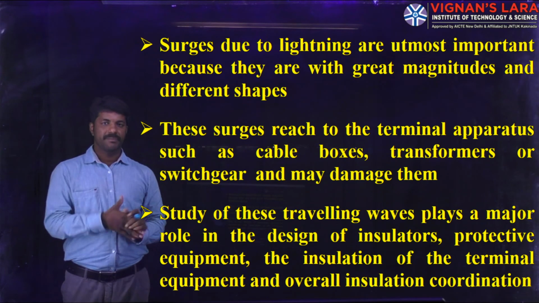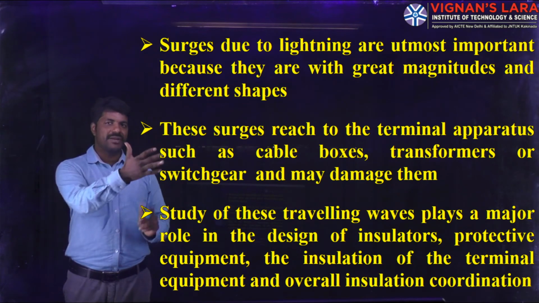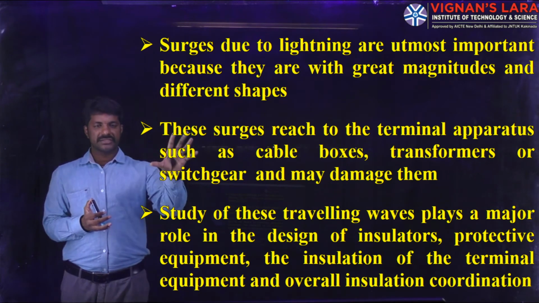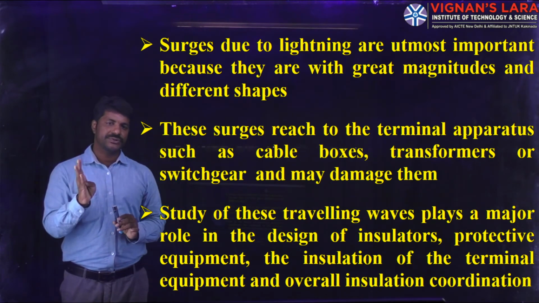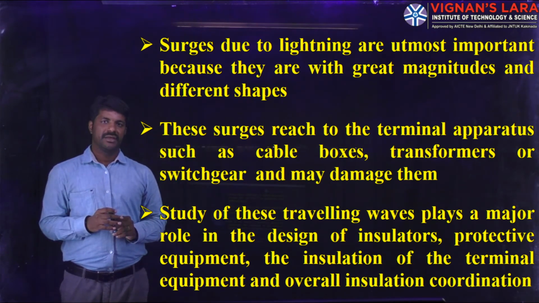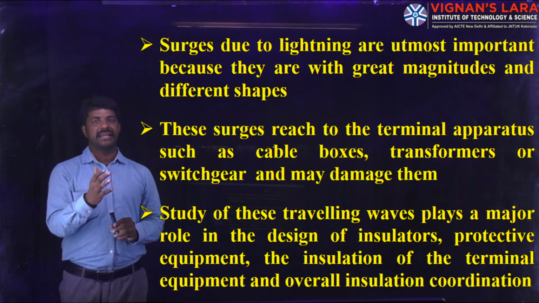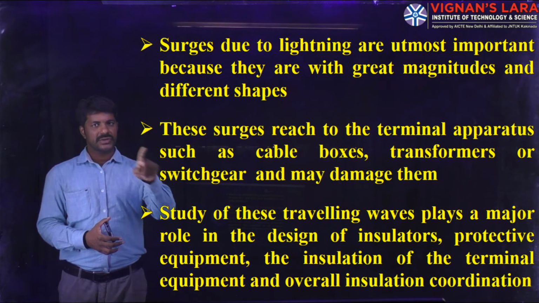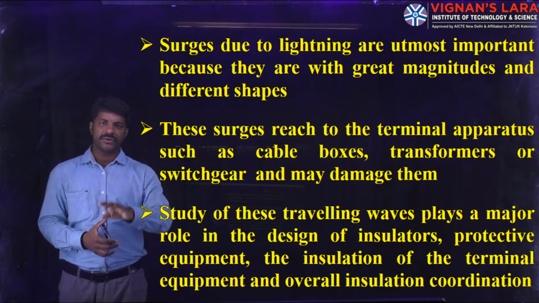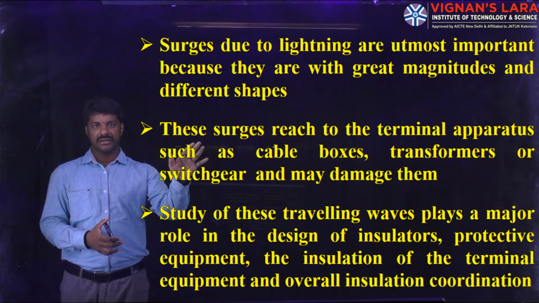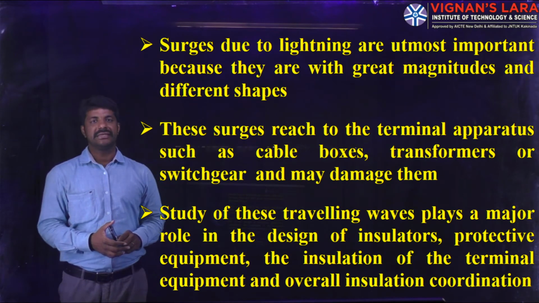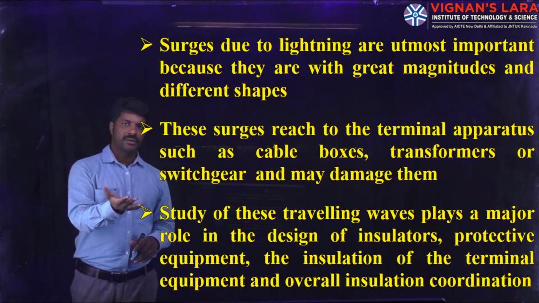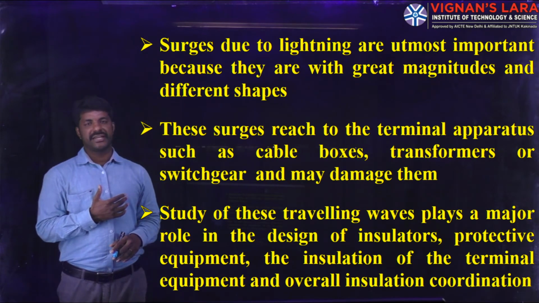Because of higher magnitudes and different shapes, they are very important in analyzing our performance. Switching operations will also create surges, but compared to lightning their magnitudes are very small, so we won't bother about surge waveforms occurring due to switching operations and faulty conditions.